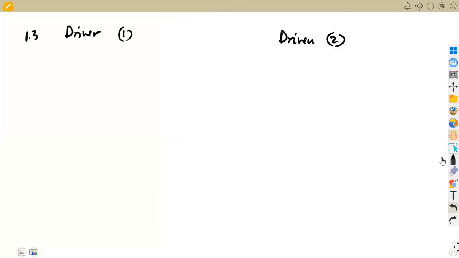So on the driver we've got the diameter of 12 centimeters, which you can convert to meters by dividing by 100, which is 0.12 meters. And also the rotational speed, n, is 20 revs per second.